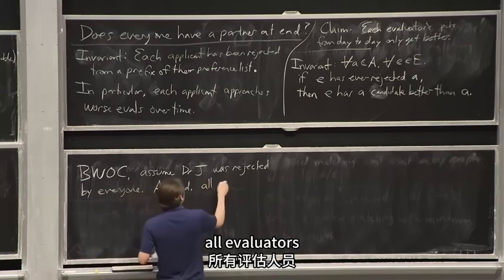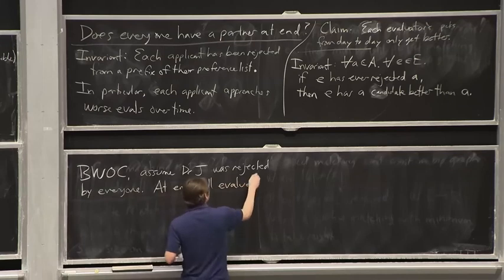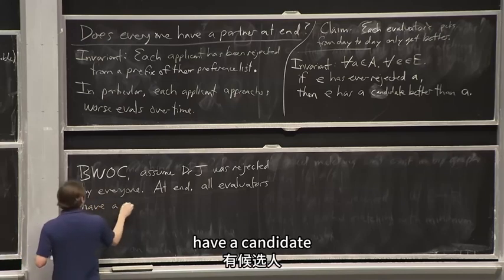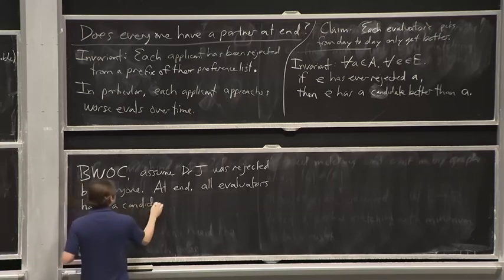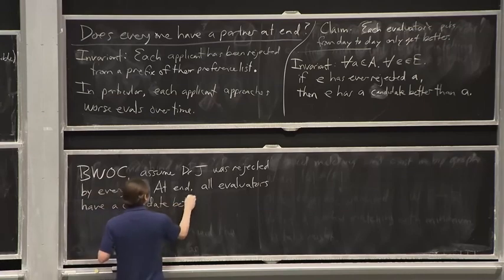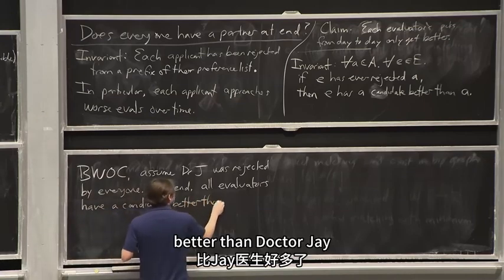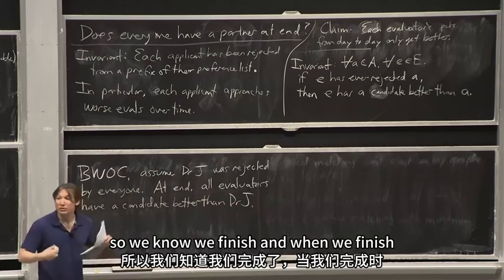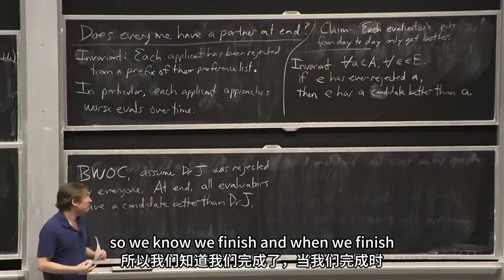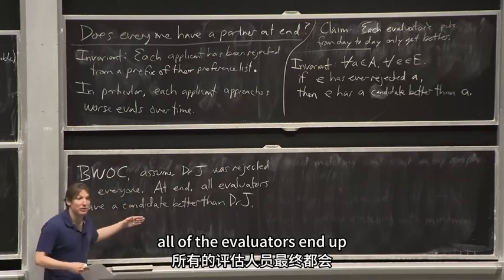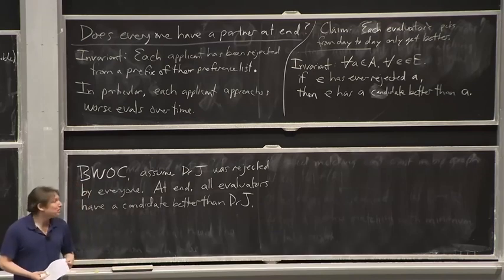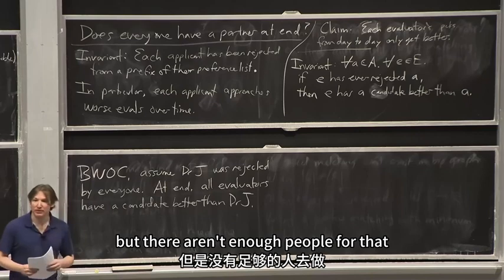All evaluators have a candidate better than Dr. J. So we know we finish, and when we finish, all of the evaluators end up paired with someone better than Dr. J. But there aren't enough people for that.